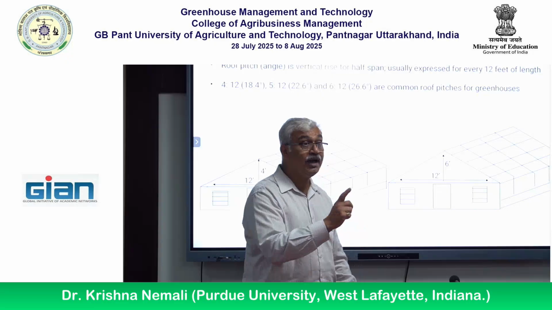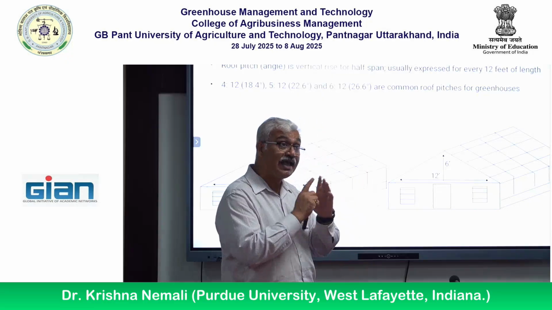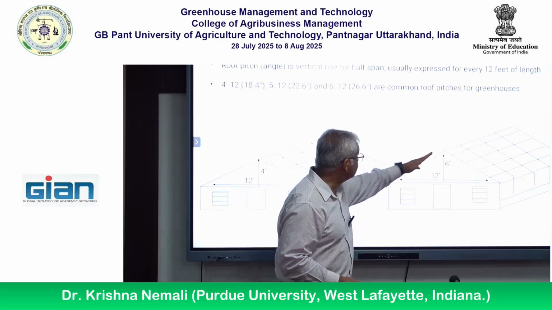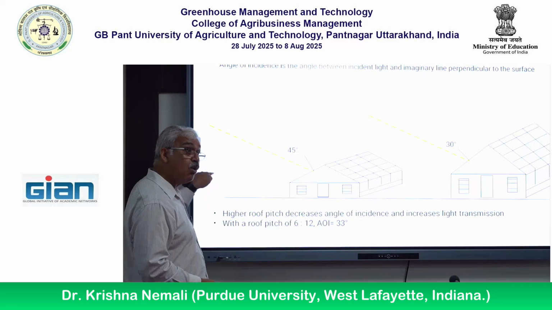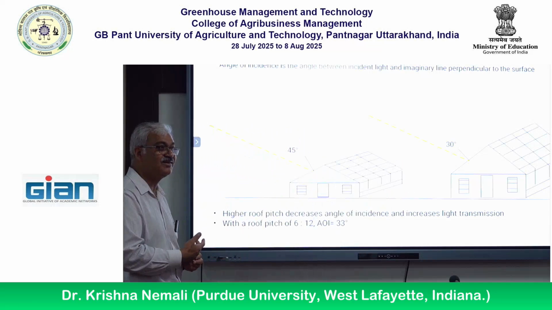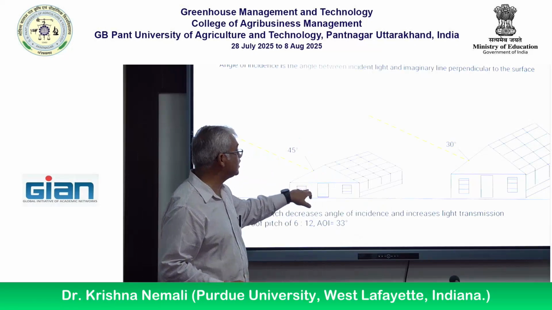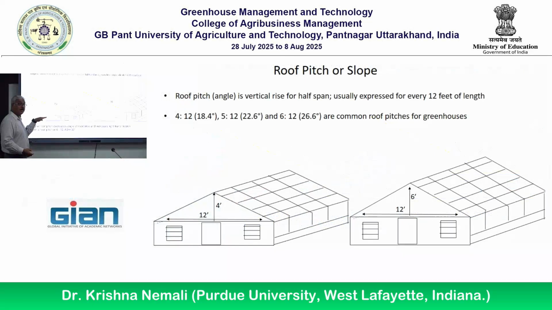You can go back to your dorms or rooms and actually calculate the angle of incidence for this and this, and you will see that the angle of incidence is more here than here, and that's what I'm showing you. By the way, I'm showing an example right here. You see here the same pitch, there's a steep pitch here and a much wider greenhouse here, right?